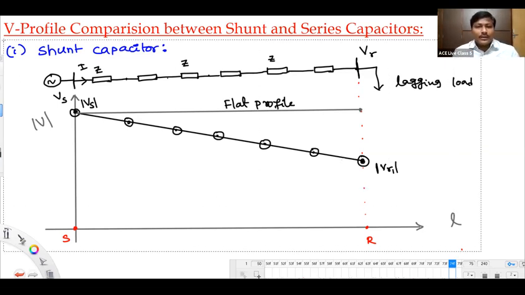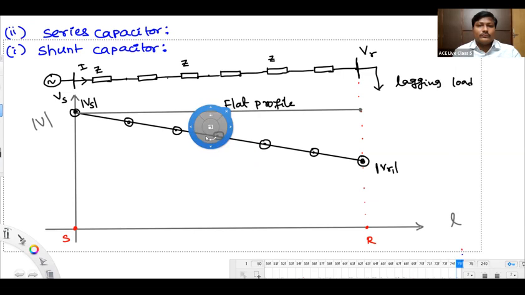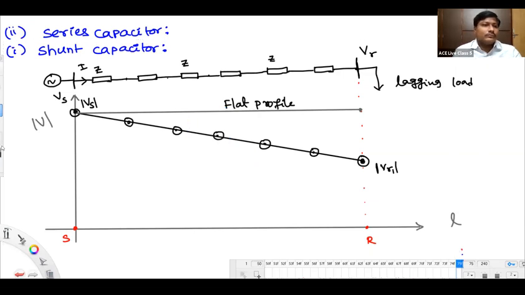Repeat the same plot for the next case. Here you write, this is without series capacitor.